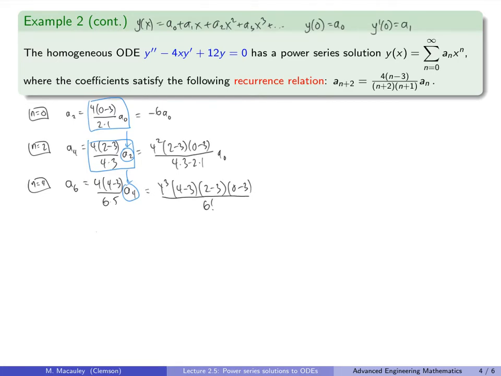That's 6 times 5 times 4 times 3 times 2 times 1 times a naught. Now, I could multiply these out, and if I do, this becomes 2 a naught, and this becomes 4 fifteenths a naught, but I think it's better to just see the pattern like this.